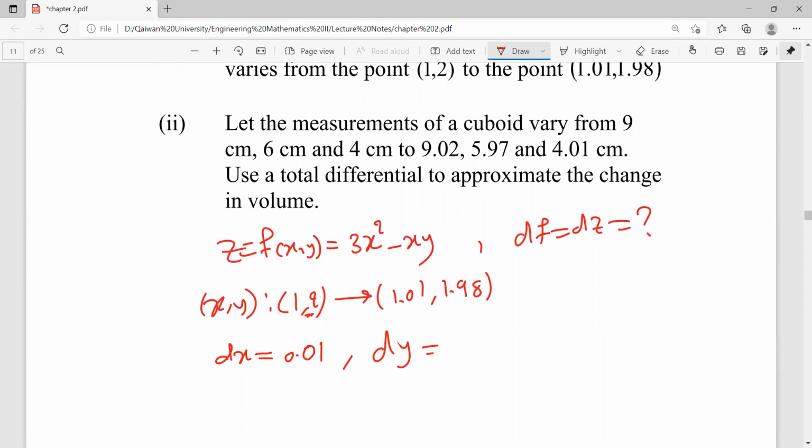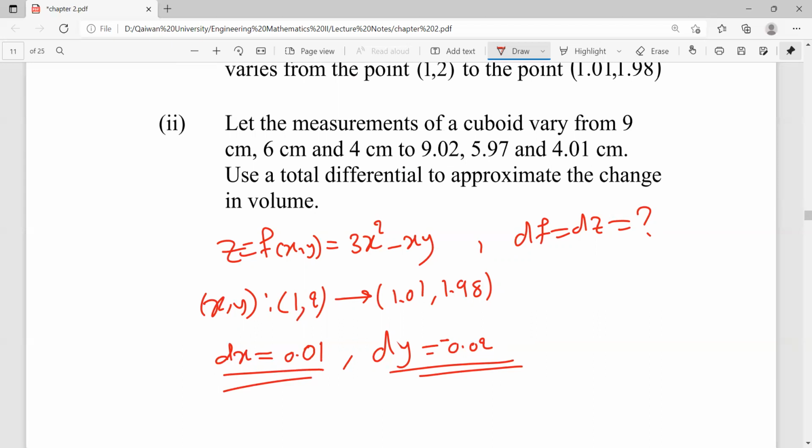That means here dy is 1.98 minus 2, which is minus 0.02. This is dy. So now we have dx, dy, and f also.